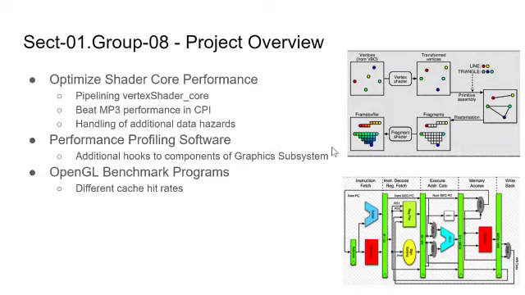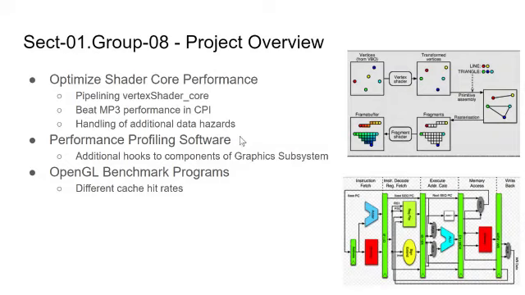So I plan on making a performance profiling software that will, given various hooks in our graphics pipeline, measure the time it takes for a vertex to pass through a certain stage in our pipeline, so that way we can try to figure out certain bottlenecks.